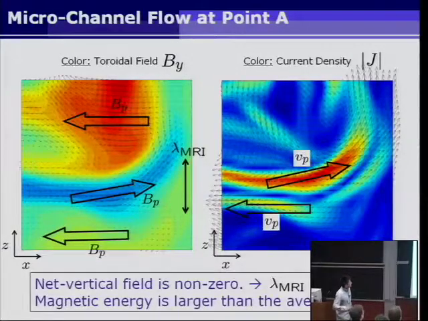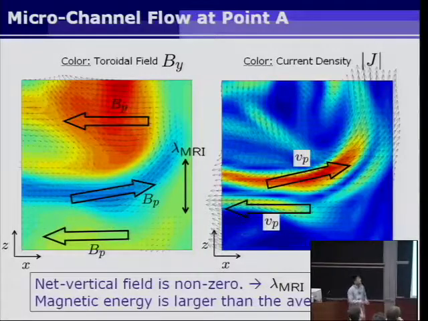In this case the net Bz is positive, so the poloidal field will bend something like this, which corresponds to the poloidal field motion and the current structure.